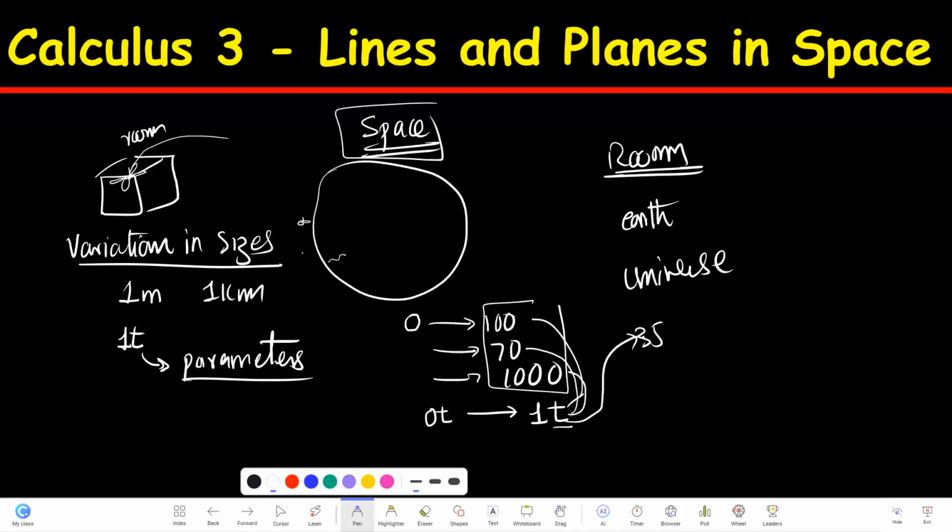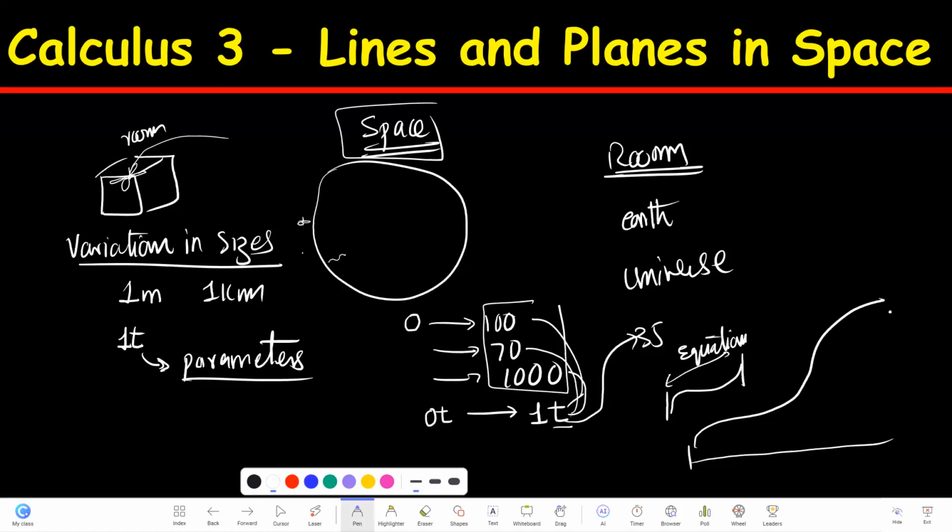So I have a curve like this, and a curve like this. I can split this curve into an equation. I'm just jumping into the topic. I'm going to take the equation of this curve. When I say equation of this curve, I'll be writing x equals whatever, y equals whatever.